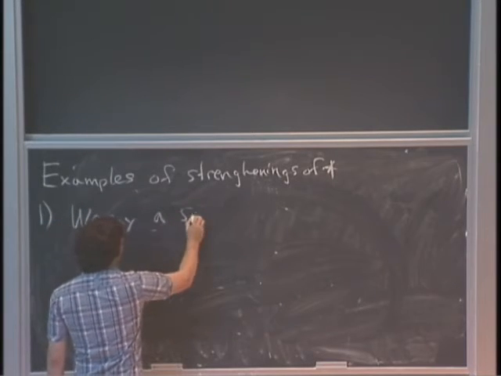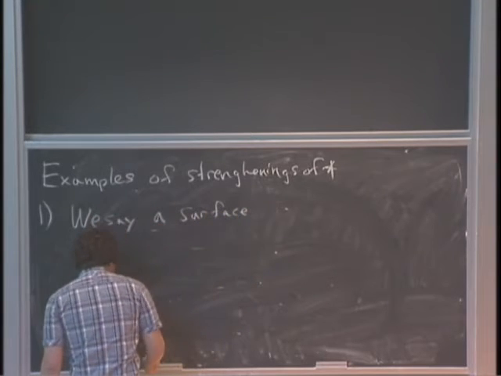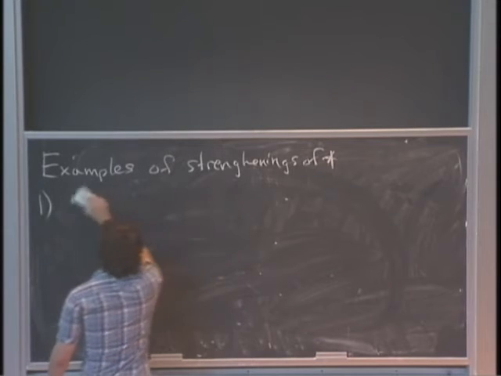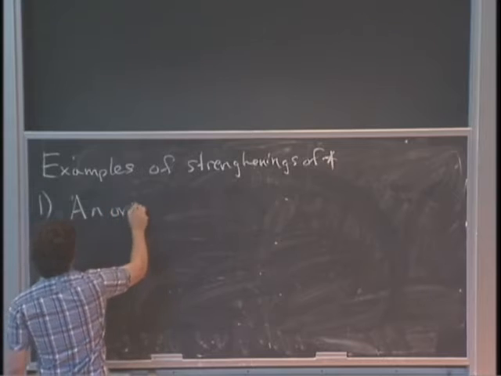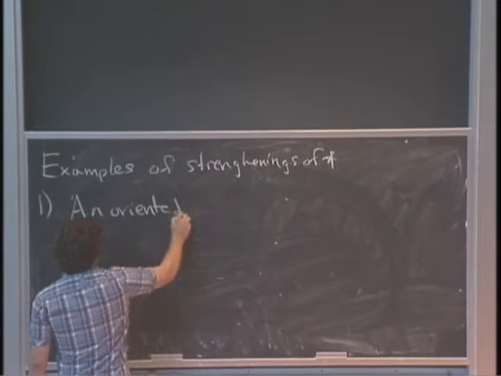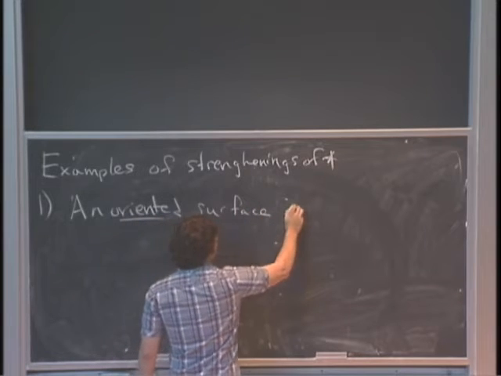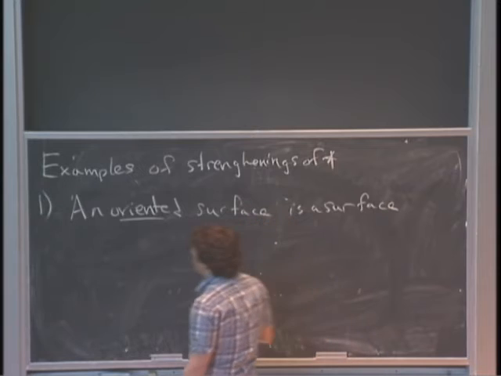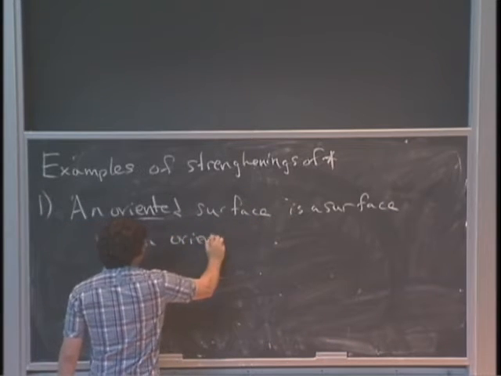So the first thing we're going to do is say a surface M, an oriented surface, is a surface with an oriented atlas.